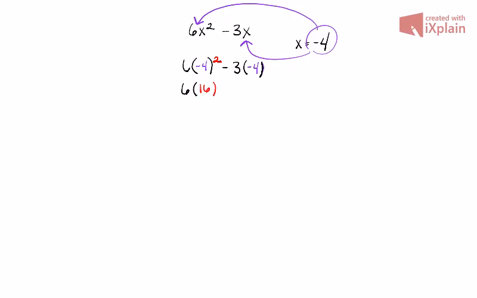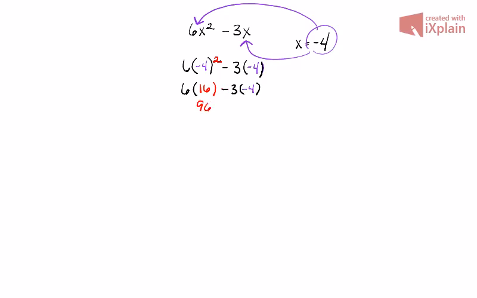And then we have minus 3 times negative 4. Now we can go ahead and continue down the list of order of operations, and we will go ahead and tackle multiplication. So 16 times 6 gives us 96.